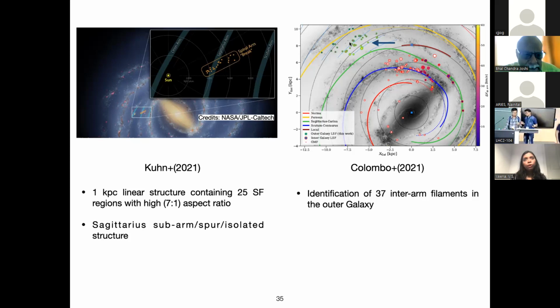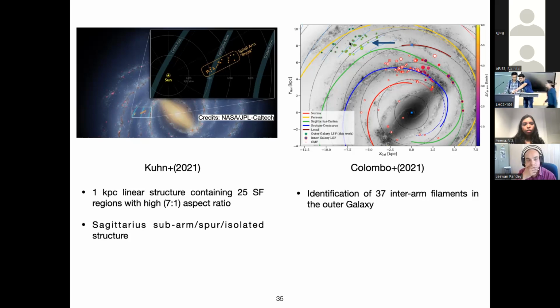Okay, so first of all, for the interarm clouds, most likely there is less star formation activity unless they are dense enough. So for such structures, we cannot use, for example, parallax from the stars or anything. And we cannot also use Gaia, because there are no stars within these clouds.